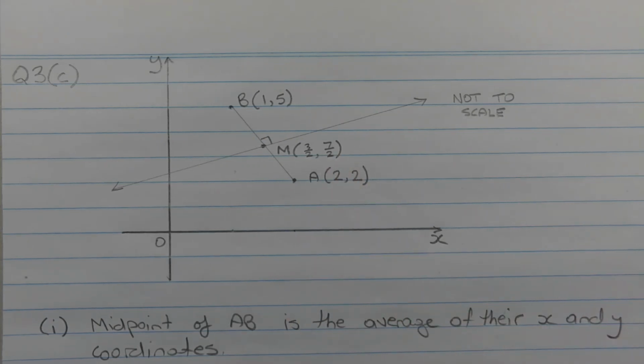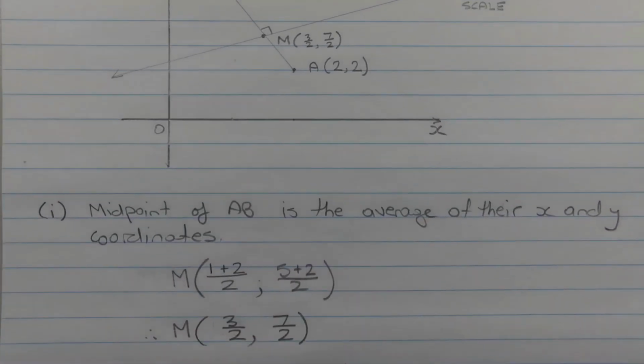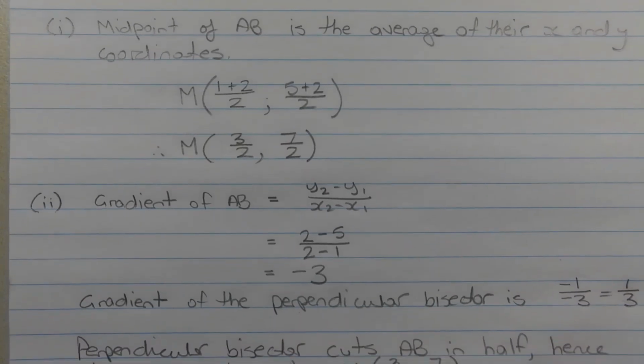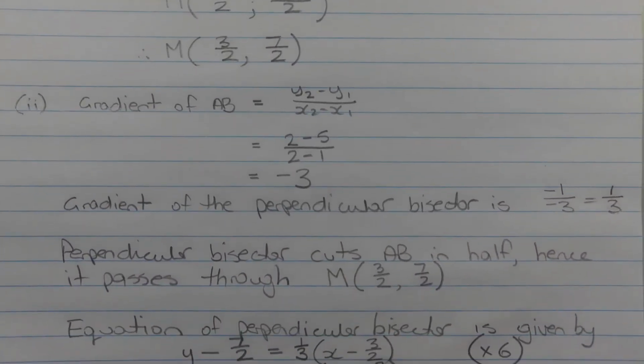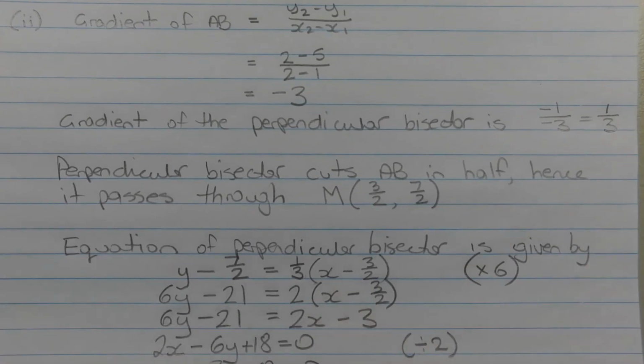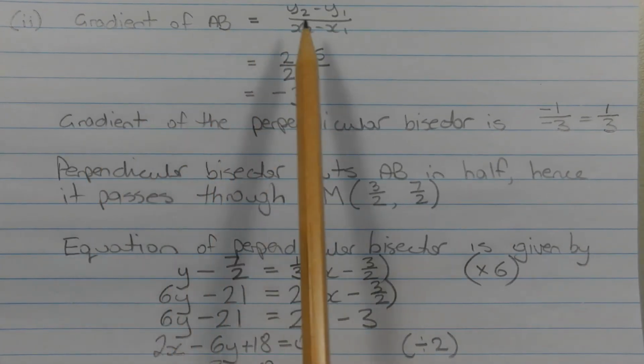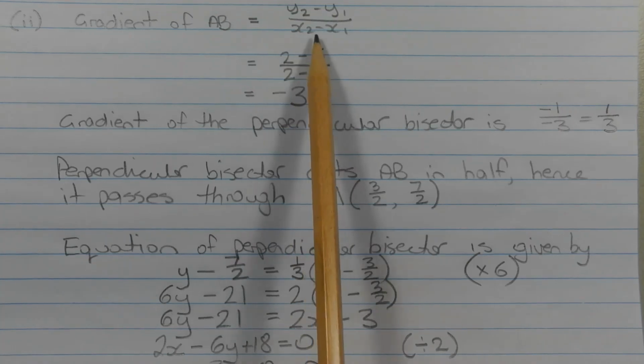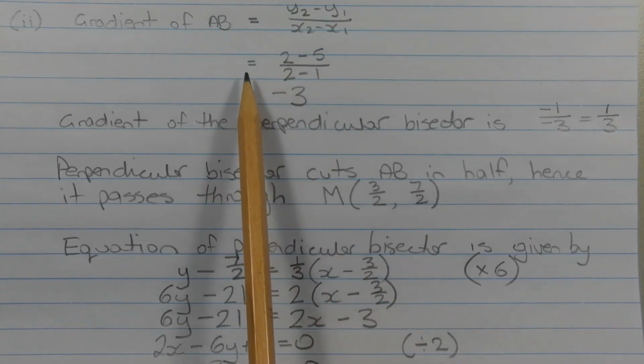So the first step is to find the gradient of interval AB. And we can use the 2-point gradient formula, y2 minus y1 over x2 minus x1. So the gradient of AB is equal to y2 minus y1 over x2 minus x1.